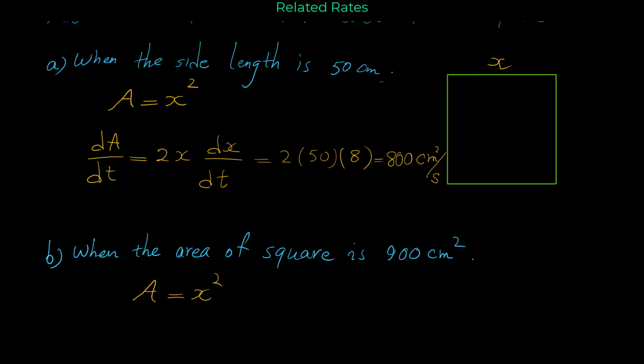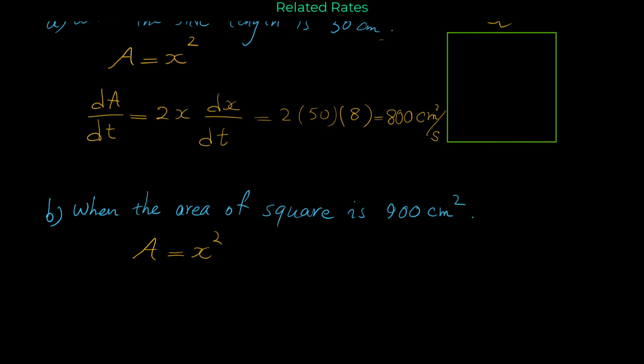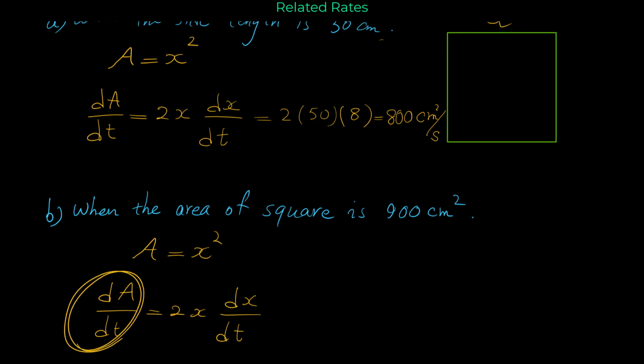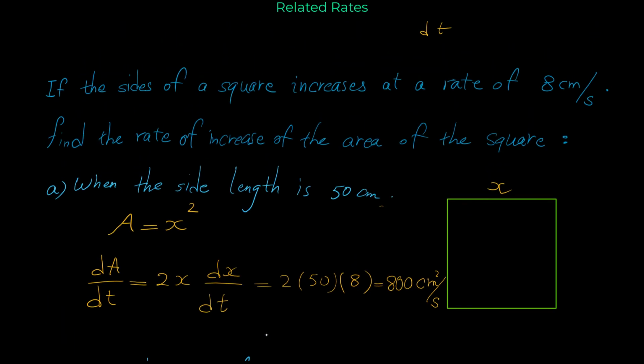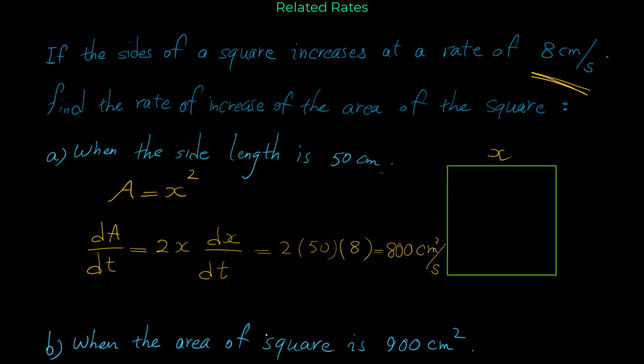We differentiate both sides with respect to time. dA over dt is 2x dx over dt. For finding the rate of change in the area, we need the value of x and we need the value of dx over dt. The dx over dt is 8 centimeter per second.